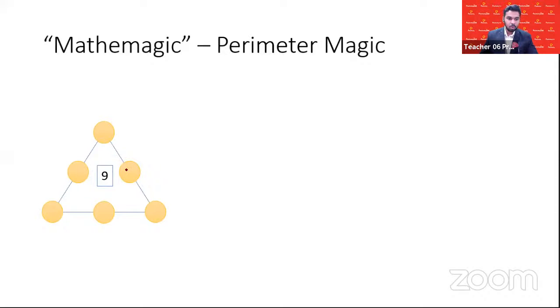Okay. So the goal here is to fill in all these circles with numbers 1, 2, 3 up to 6. So you can use these numbers. Now the whole idea is that along any side of the triangle, you should have the sum equal to 9. Okay, so that is the goal.